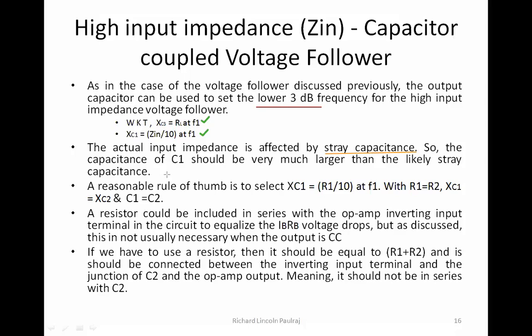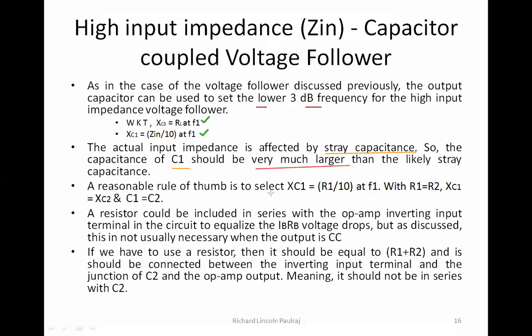Yes, sir. If the stray capacitance is much higher than the capacitor that I am actually designing and putting in, there's no effect, there's no point in having C1. It goes for a toss. So C1 should be as high as possible compared to the stray capacitance.